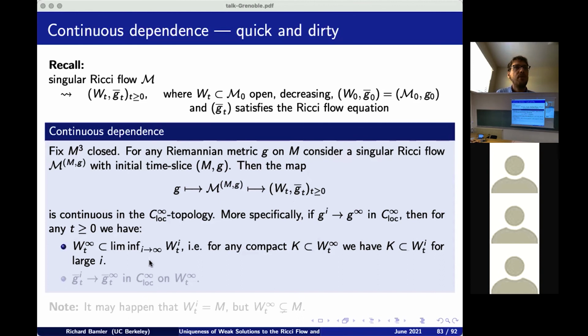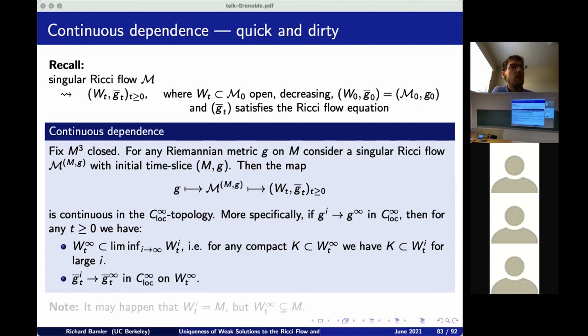First of all, we have some kind of continuity of these open subsets. And the continuity will be that W infinity t is contained in the limit of these open subsets Wit. Right? So by this, I mean that if I take a compact subset of the limiting set, then this compact subset has to be contained in the Wit for large i. Right?